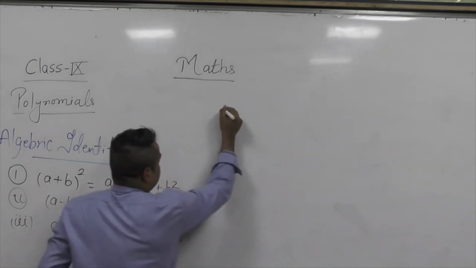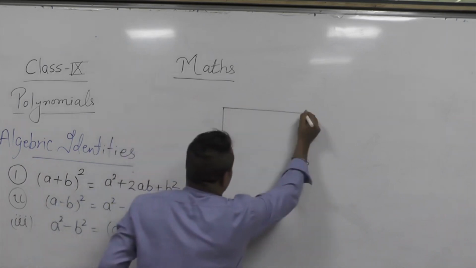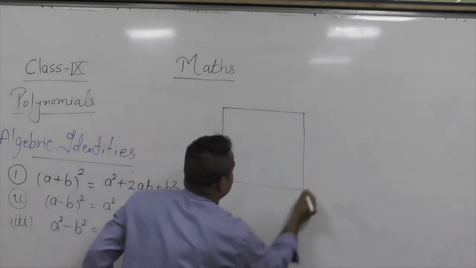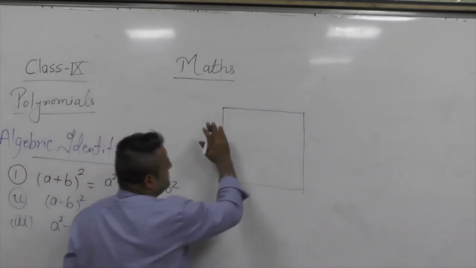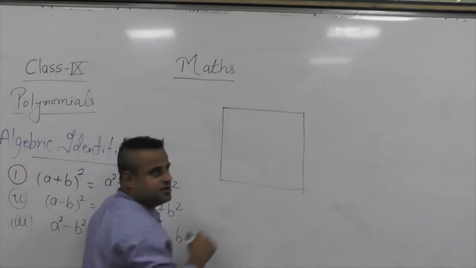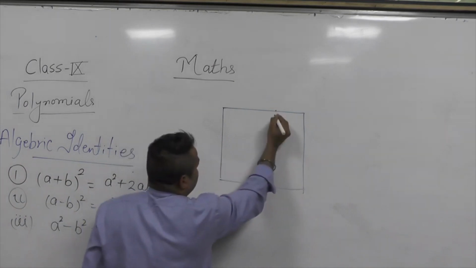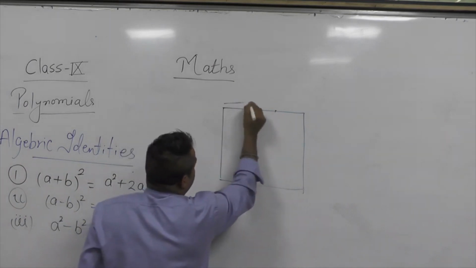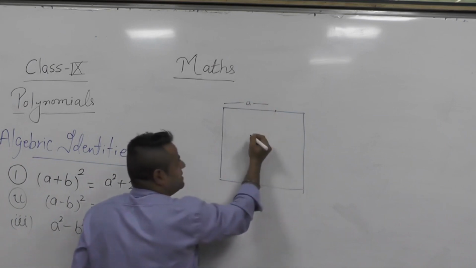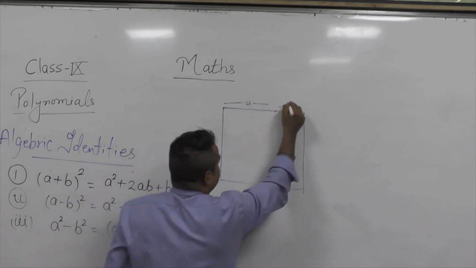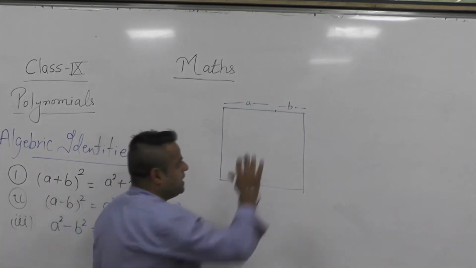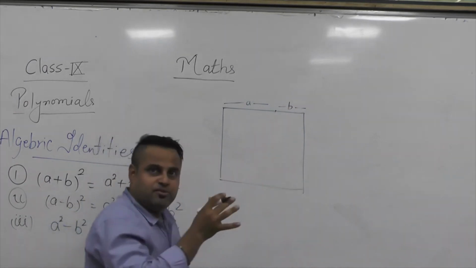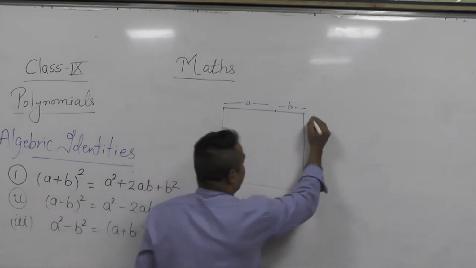Now see, suppose there is a square. I am making a square. Now I separate it into 2 parts. I am marking a point here. Till this distance we are assuming it as A, and the other distance, which is shorter, we are assuming as B. Likewise we will do the same to each and every side of the square.